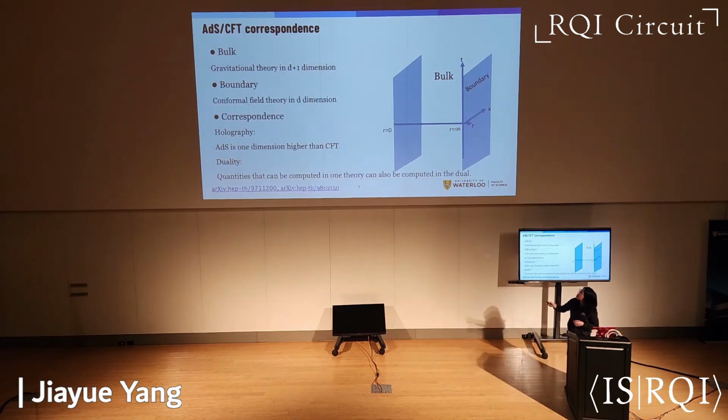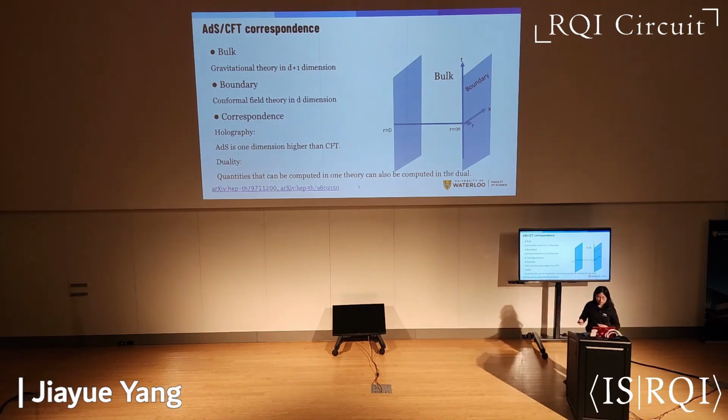And what is AdS/CFT correspondence? The AdS/CFT correspondence was first proposed by Maldacena in 1997. The basic idea is that there is a gravitational theory in d+1 dimensions living in the bulk, and there is a conformal field theory in d dimensions living on the boundary, and there is a duality, or say there is a correspondence between the two theories.